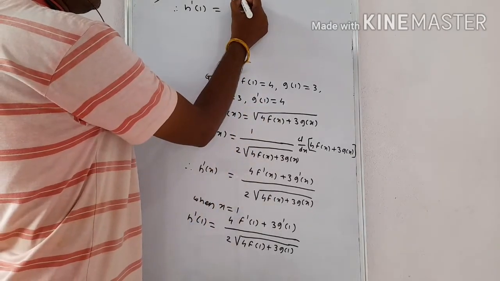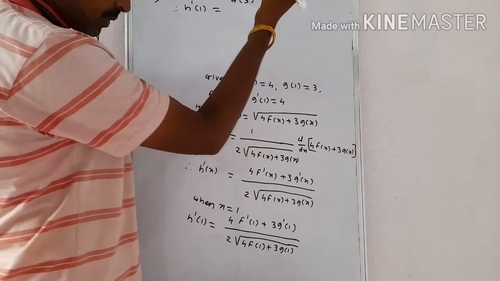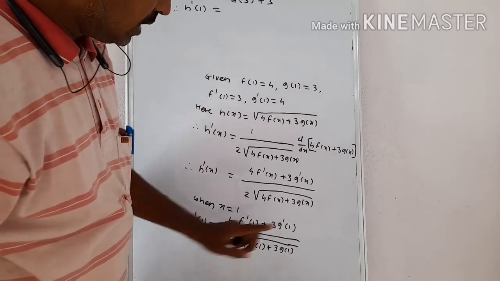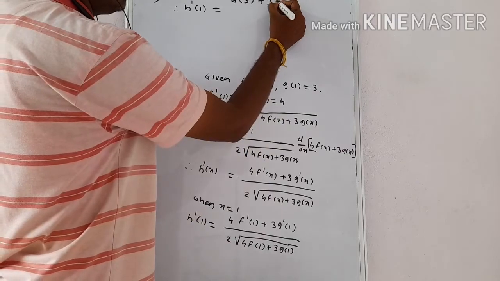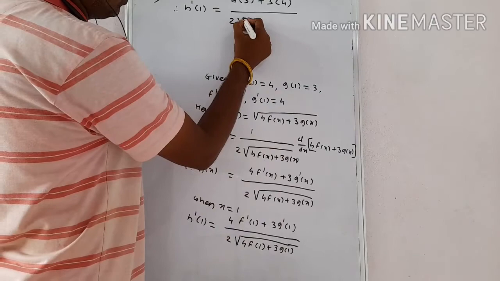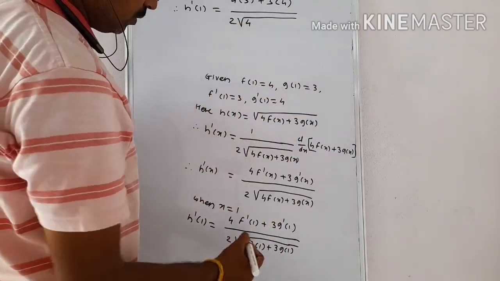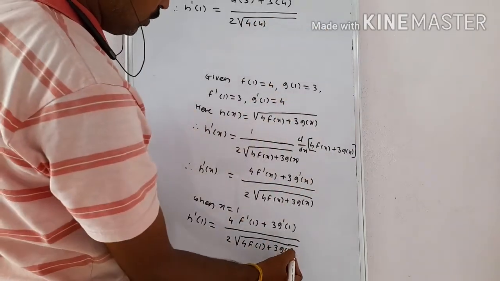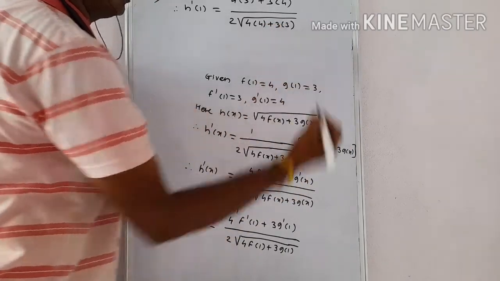Therefore the numerator term becomes 4 into f dash of 1, which is 3, plus 3 into the value of g dash of 1, which is 4, 3 into 4, divided by 2 into the root sign 4 into the value of f of 1, which is 4, the value of g of 1 is 3, into 3.